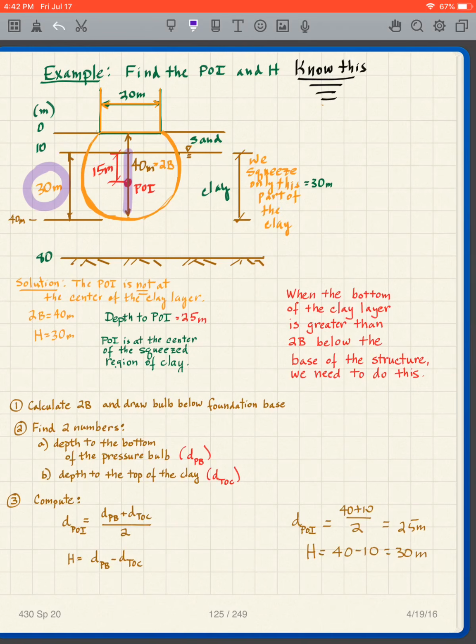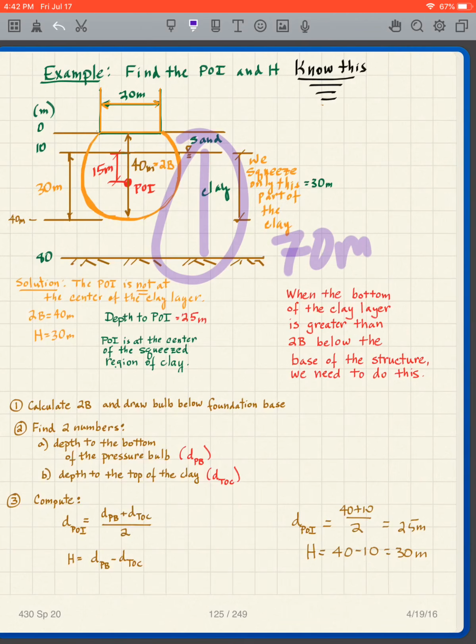So my point of interest in this case is at 25 meters, not the center of the whole clay layer, because this whole thing is 70 meters, and the center of that, I'd have to split that in half, 35 meters.